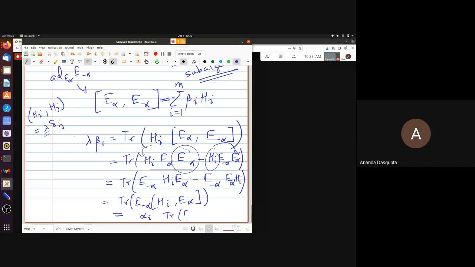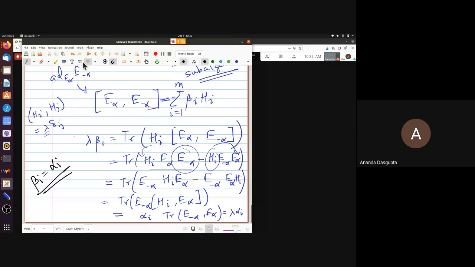Trace of E_minus alpha. By the way, what is trace of E_minus alpha E_alpha? That's trace of E_alpha dagger E_alpha, right? Is that okay? Yes, sir. And that's lambda, because that's the normalization we choose for all our vectors, so that's going to be lambda alpha_i.